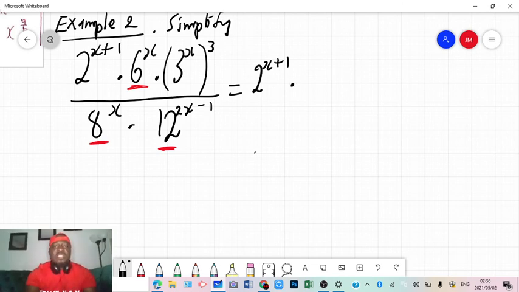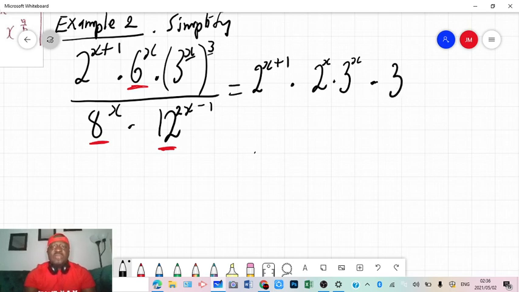But I can break 6 into 2 and 3 and have 2 to the power x as well as 3 to the power of x, because 2 times 3 will give me what? Will give me 6. Going further, this is a bracket, so we can apply one of the laws. There's an index on the exponent.